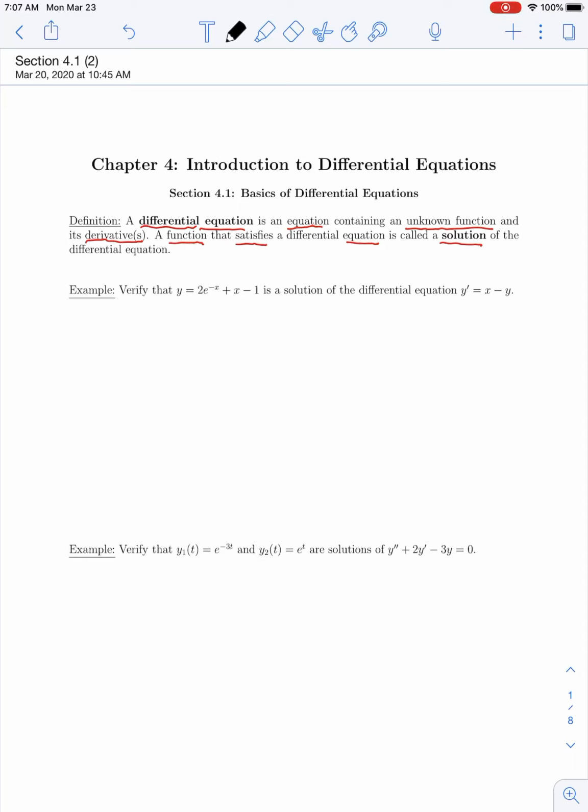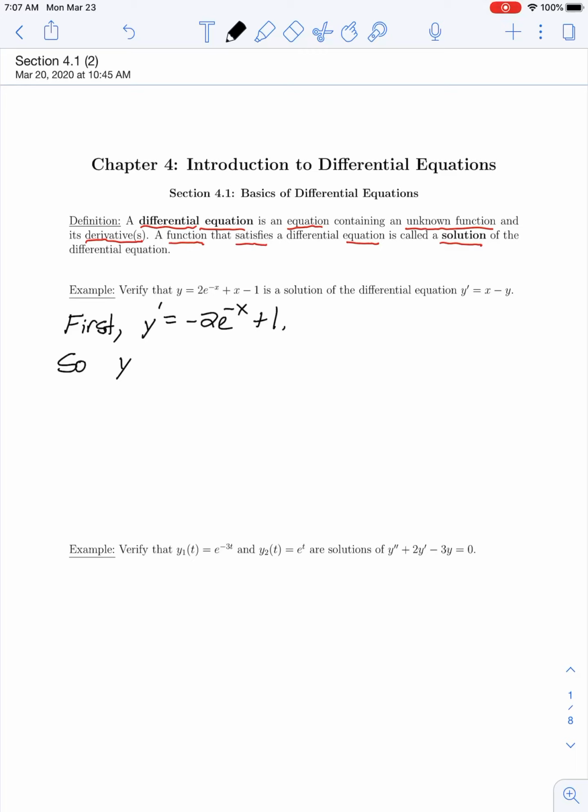So my first step here is going to be to find y prime. So first, finding the derivative of our given function, we have, using the chain rule, negative 2 e to the negative x plus 1. And then we're going to substitute this function and our derivative into the equation.